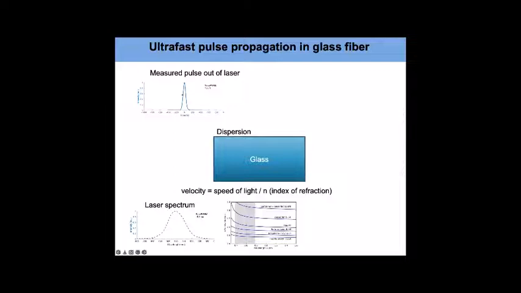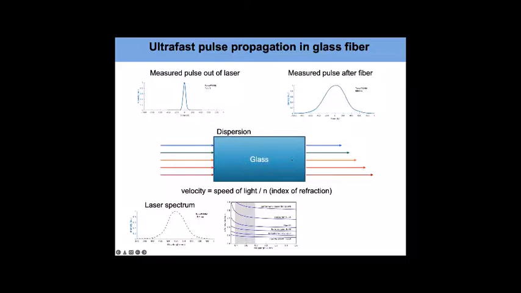So if you send in your short pulse directly out of the laser, it passes through 1.5 meters of glass, and the blue wavelengths are going to travel slower than the redder wavelengths in the spectrum, and that'll spread out your pulse in time.